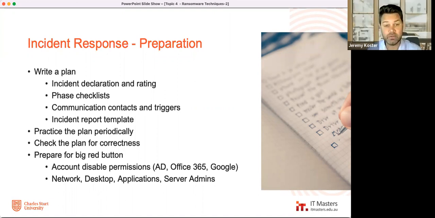So there is this idea that we have these communication contacts, and depending on how the incident goes, we also have these triggers, so that if it gets to a certain severity, then it gets notified to the CIO, or to the line of management, or to whoever the lead incident response person is reporting to. You don't want to report everything that is investigated.